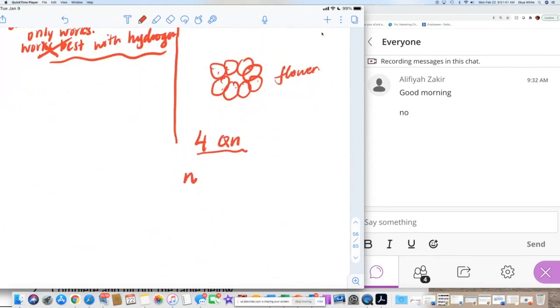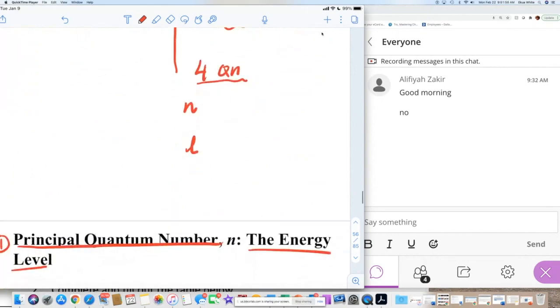The first one has the symbol N, or the letter N. Second one L. Third one m sub L. Fourth one m sub S. The N number, this is the summary of what we did last week. It's called the energy level. As I mentioned last week, the formal term is principal quantum number. And the scientists got this number from Bohr. The other success that Bohr had was he was able to explain where light comes from in the atoms.